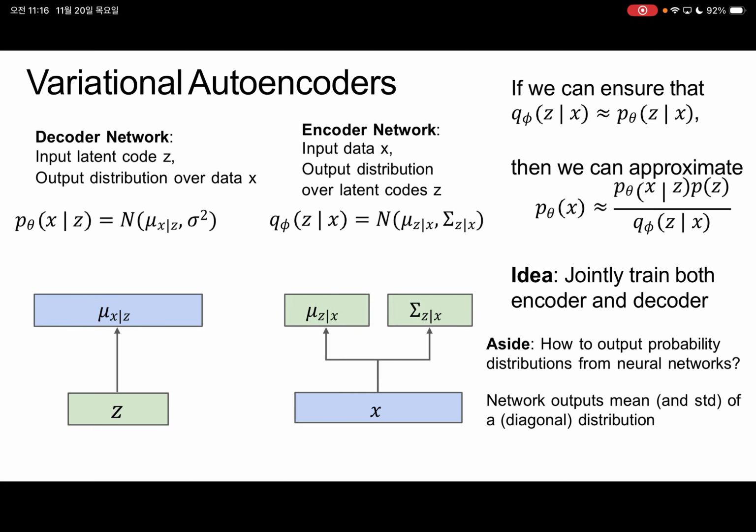To this end, the encoder network outputs mu and sigma, the mean and covariance of a Gaussian distribution. And from this we can introduce a reparameterization trick to sample Z from the estimated mu and sigma, and this is also differentiable.